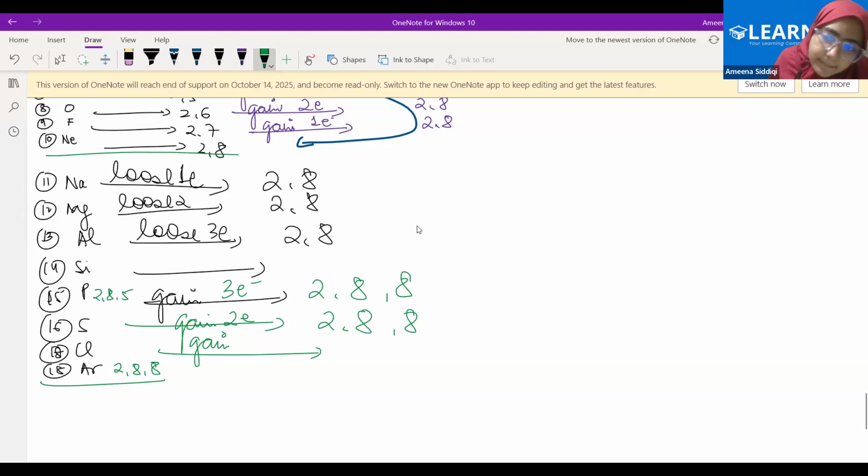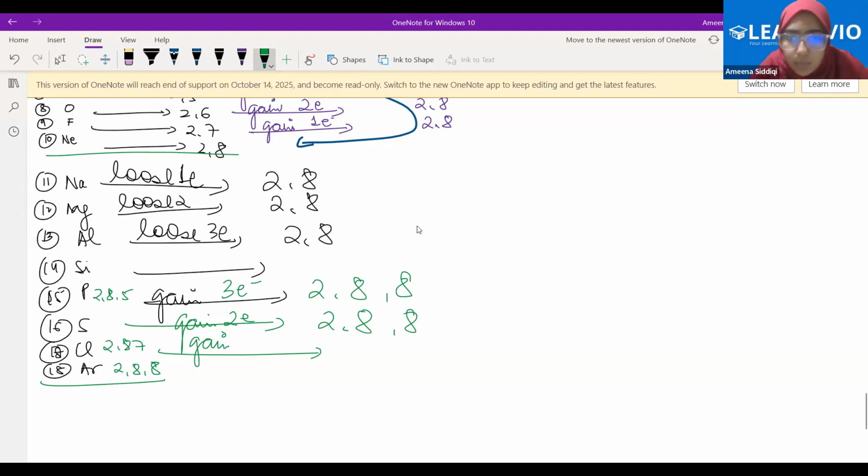You are mute. Electronic configuration of chlorine. What's the atomic number? 17. Okay.